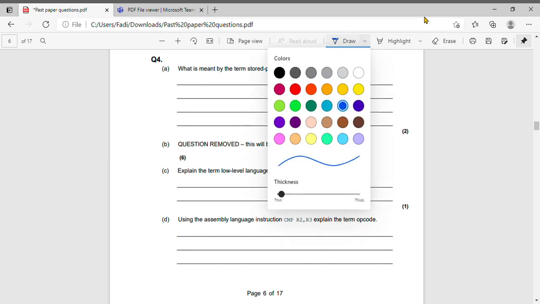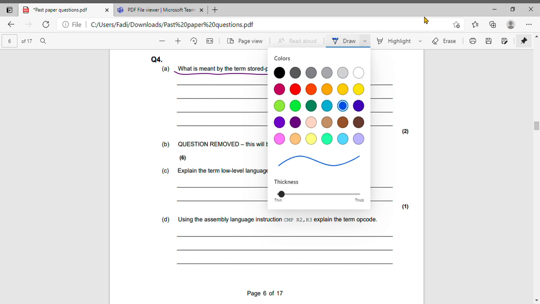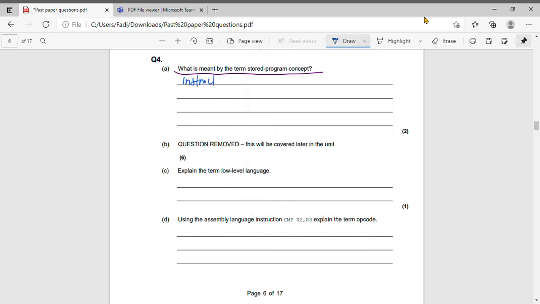Let's move on. What is meant by the stored program concept? Instructions and data is stored in main memory.